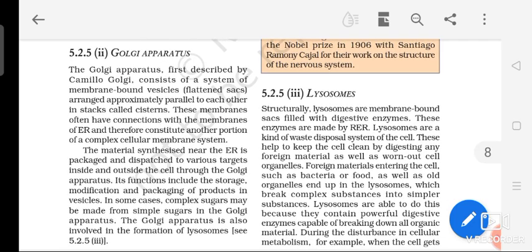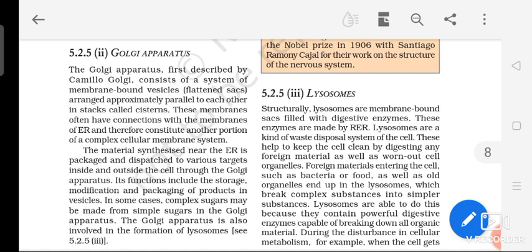Another topic is the Golgi apparatus. Golgi apparatus is present near the endoplasmic reticulum. The proteins which are synthesized by the RER are then transferred into the Golgi apparatus. Golgi apparatus makes some changes in those proteins and then sends them to their specific destination.